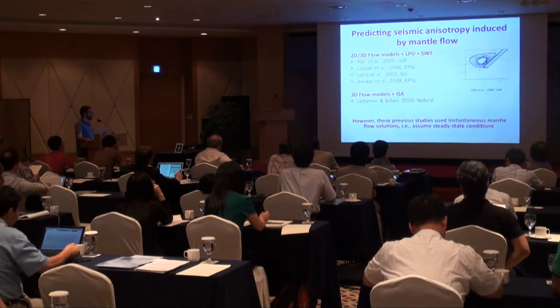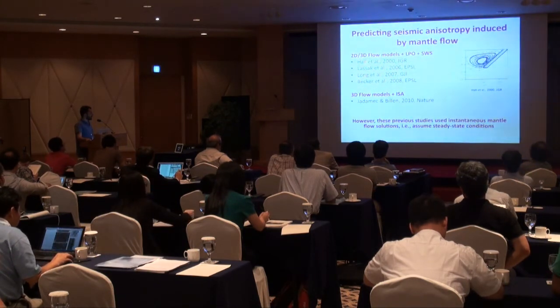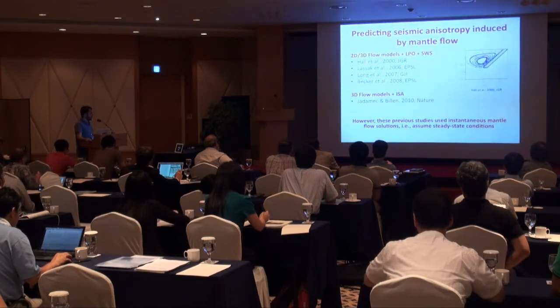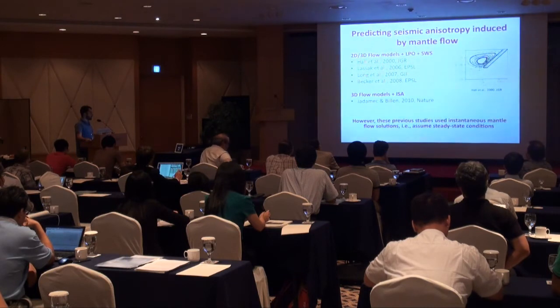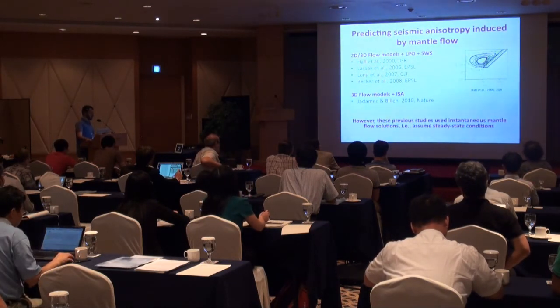And this has been done for 2D models at the beginning, and also for 3D models. Or another way you can do, as we saw before, you can compute 3D flow models, and instead of computing the lattice preferred orientation, you just compute the orientation of the infinite strain axis, sorry.